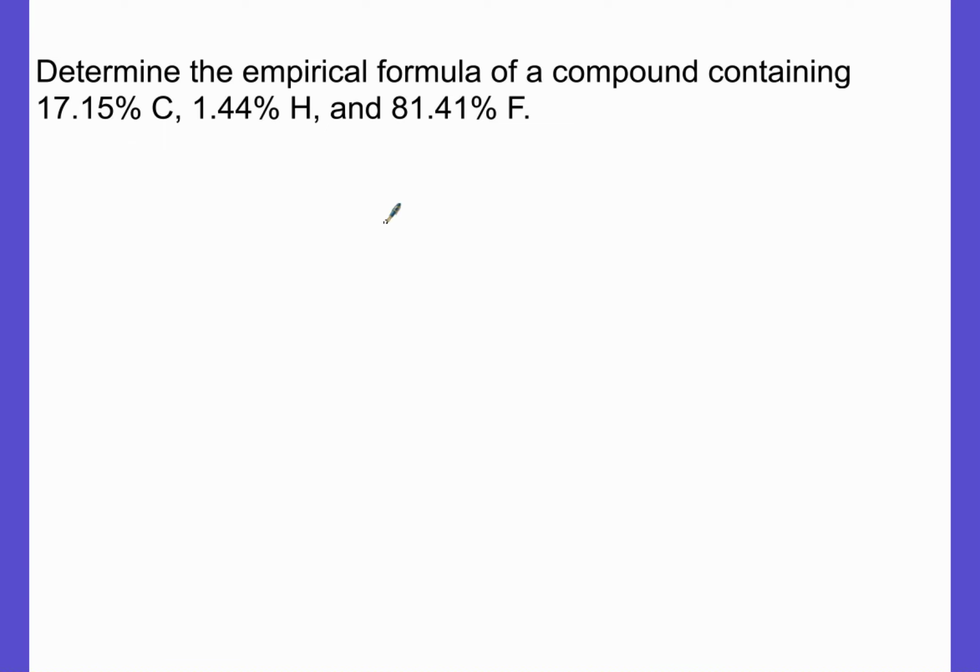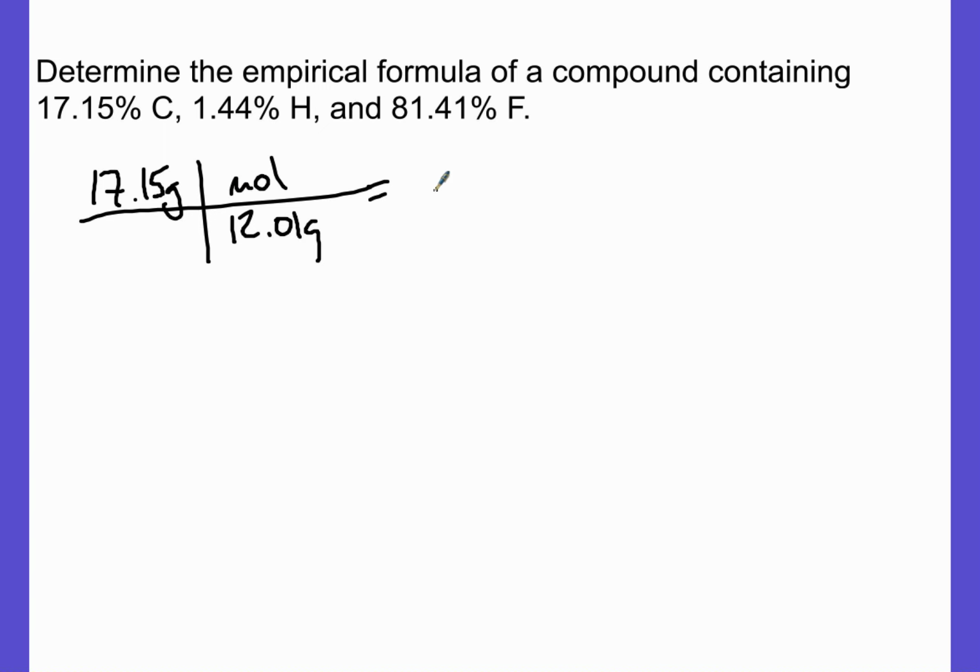So then I could have this example, same thing, 17.15. This is grams. Carbon is 12.01 grams per mole. Divide that, I'm going to get some value, 1.428, right?